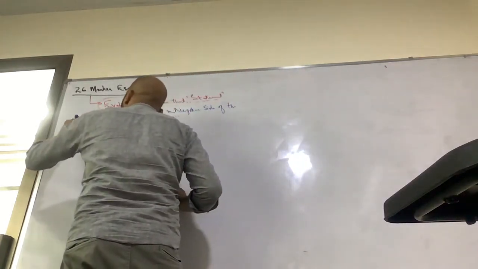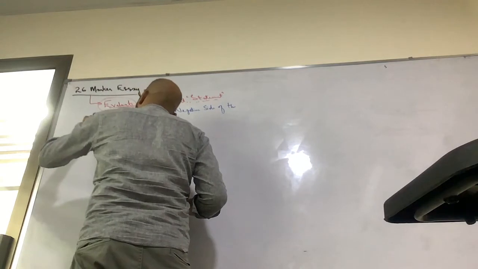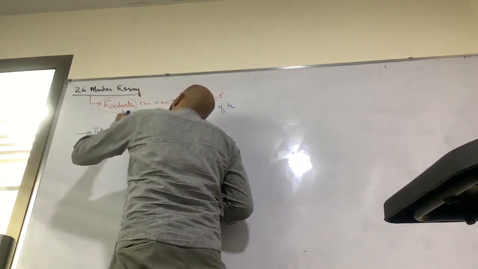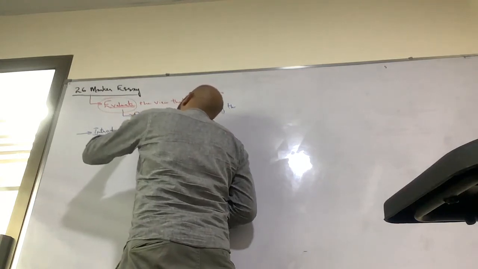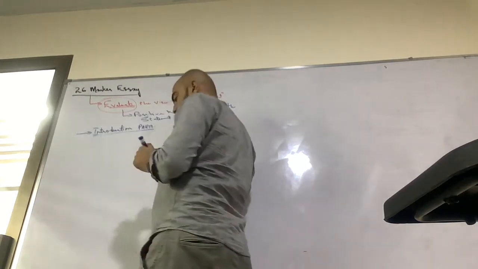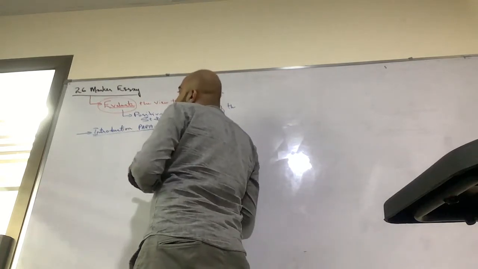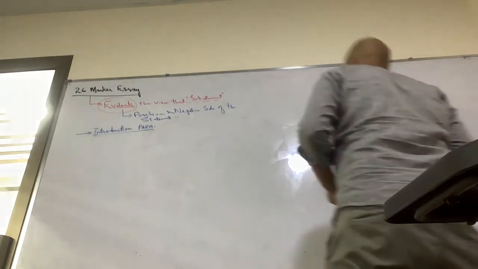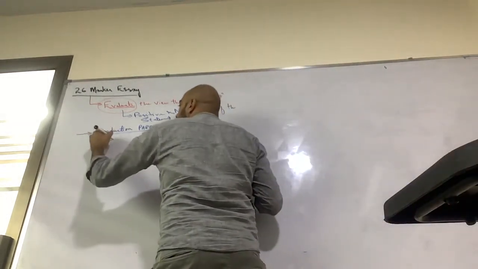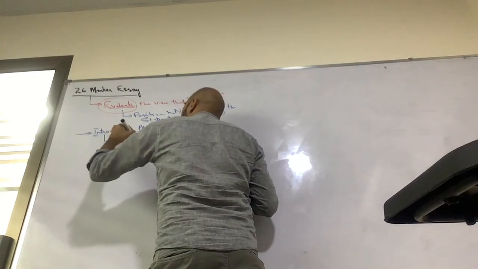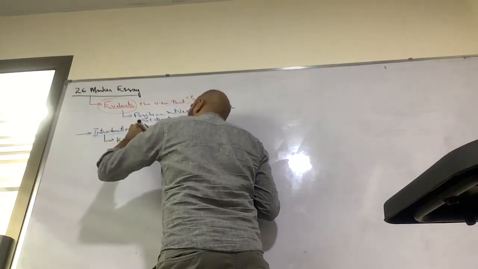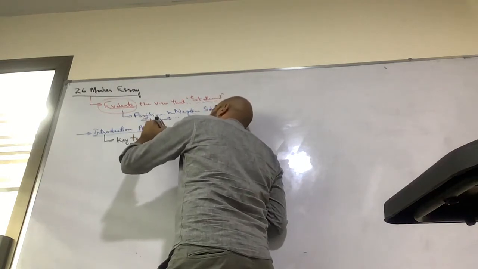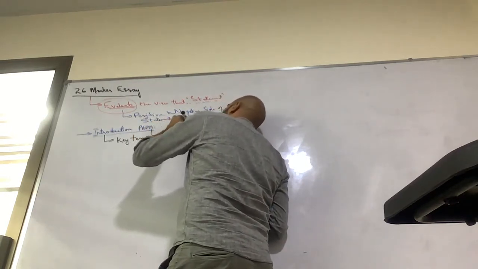First, we need to know about the introduction paragraph. The key elements of the introduction paragraph: first, we talk about the key terms, and we talk about the core perspectives.